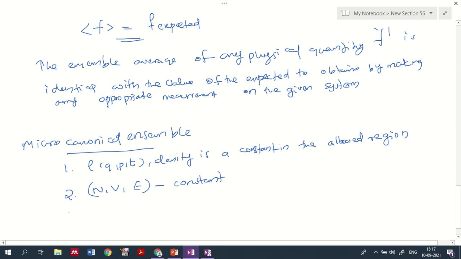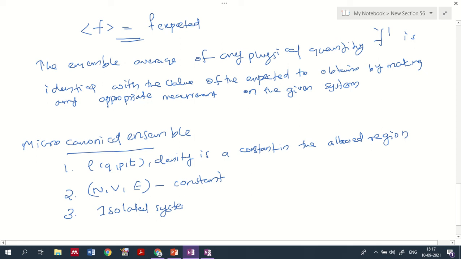It will be different for the grand canonical and canonical ensembles. And third, a microcanonical ensemble won't share energy, number of particles, or volume with neighboring systems. That means it is an isolated system.